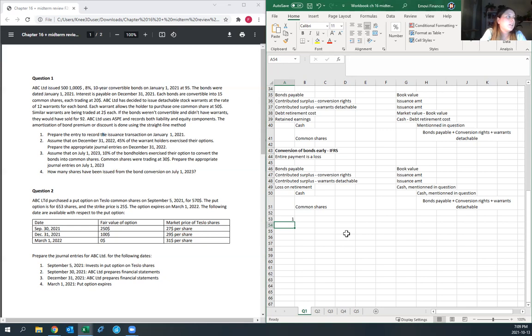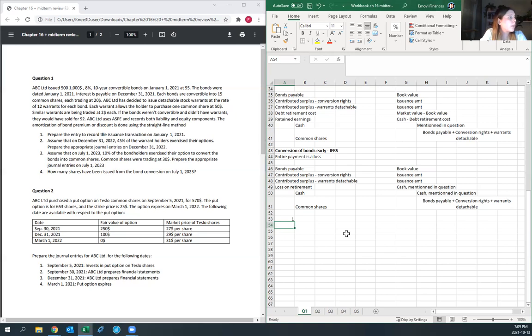ABC Limited has decided to issue detachable stock warrants at the rate of 12 warrants for each bond. Each warrant allows the holder to purchase one common share at $50. Similar warrants are being traded at $2 each. If the bonds weren't convertible and didn't have warrants, they would have sold for $92. ABC Limited uses ASPE and records both liability and equity components. The amortization of bond premium or discount is done using the straight line method.